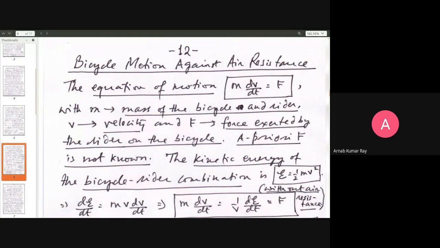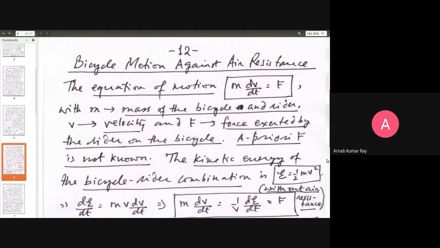Okay, so let us begin our discussion on this kind of a problem involving air resistance. Lately we have been discussing motion of objects through a fluid system, broadly fluid properties.